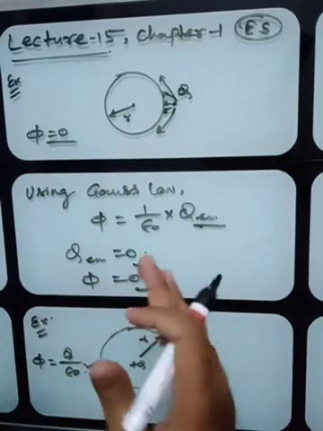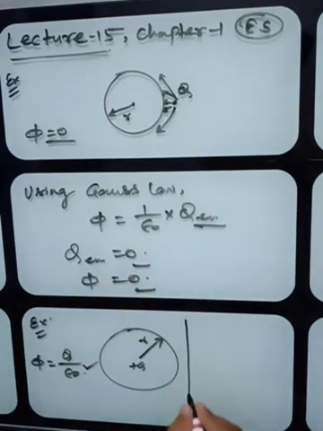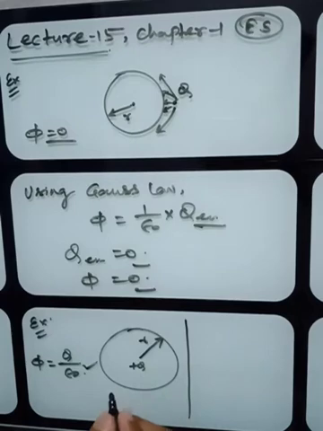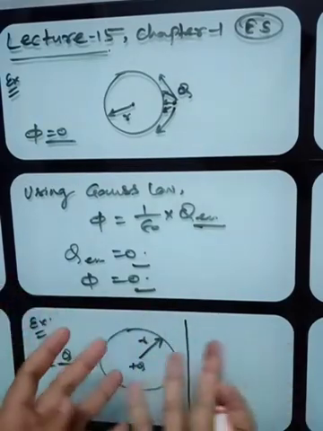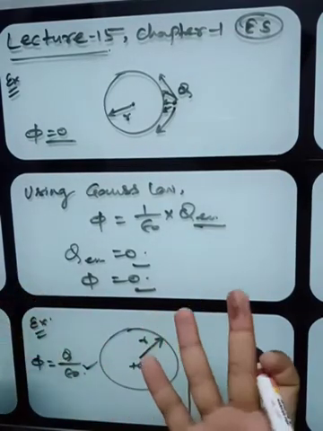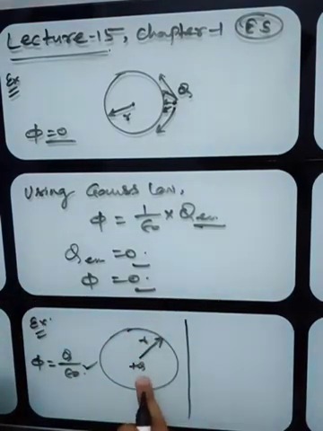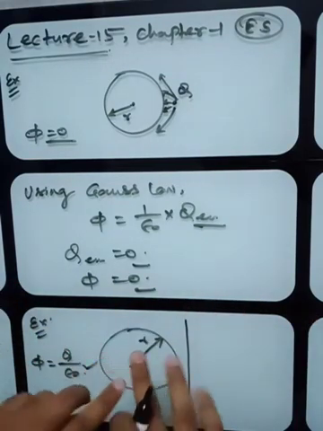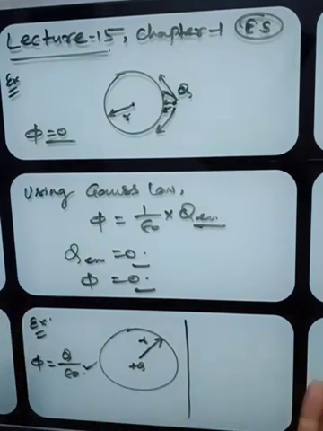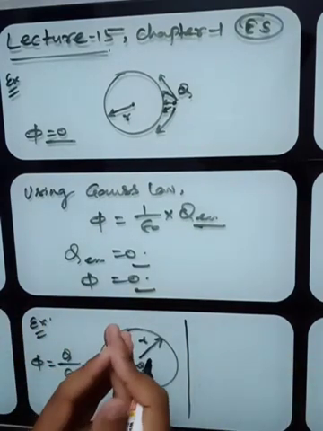This is the question, and the answer is it will not encounter more electric field lines, because the sphere is not responsible for creating the electric field lines. The electric field lines are created by this charge, and the charge has nothing to do with whether the surface area is increasing or decreasing.